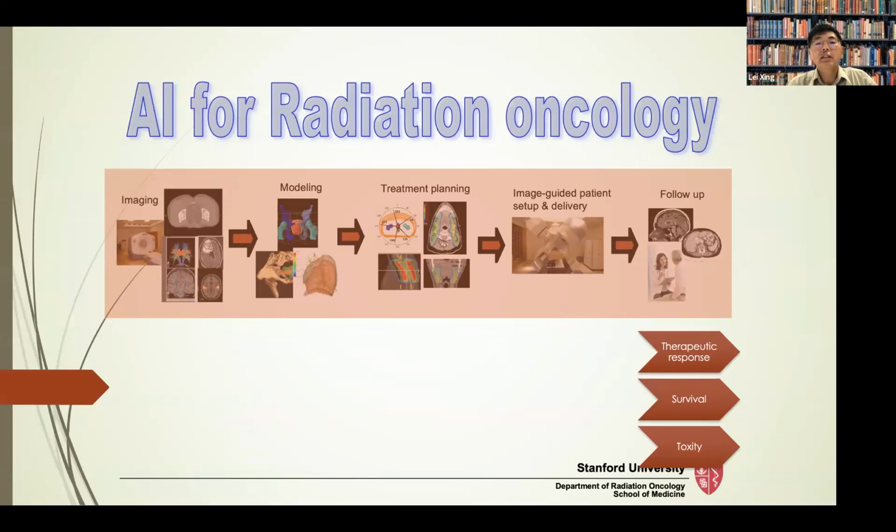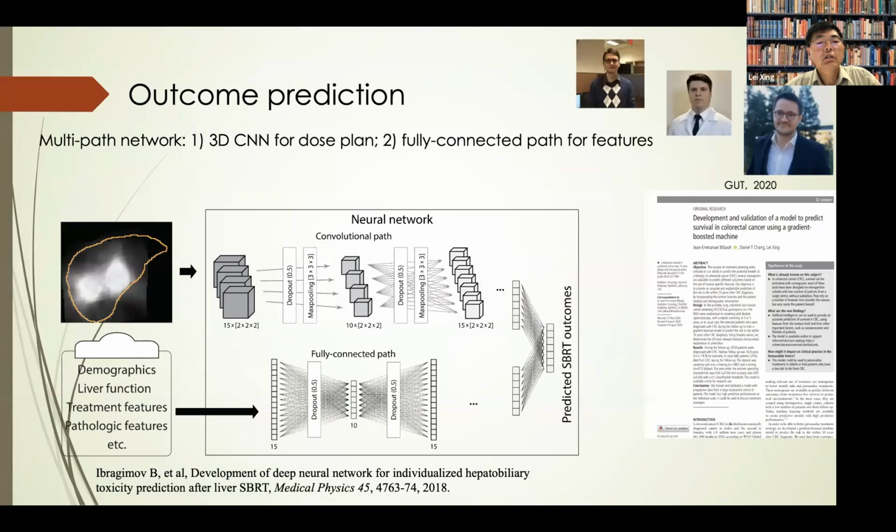Now, the model prediction is for response. Here you can build a neural network that takes the treatment plan, which includes the patient's image, the isodose distribution, and demographic information, feeds them into a black box, and then predicts the toxicity and the survival of the patient.